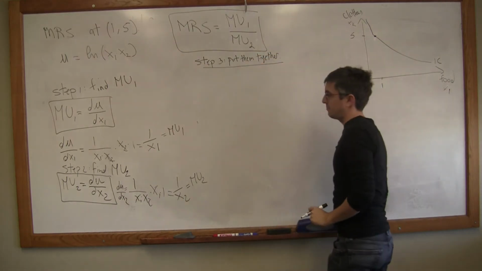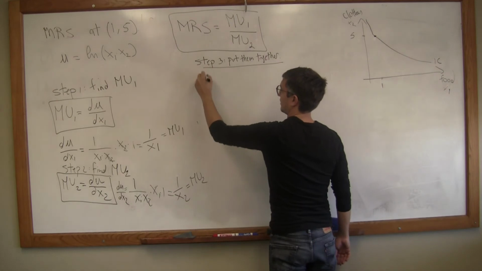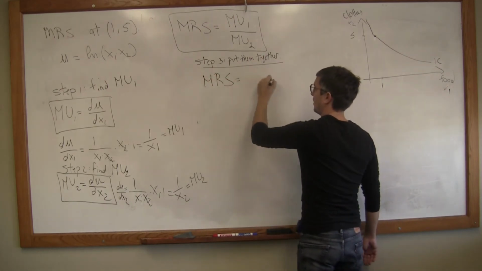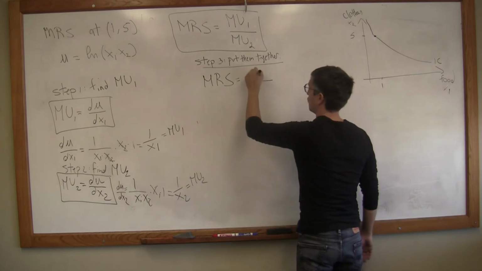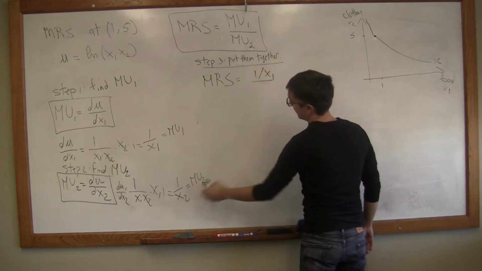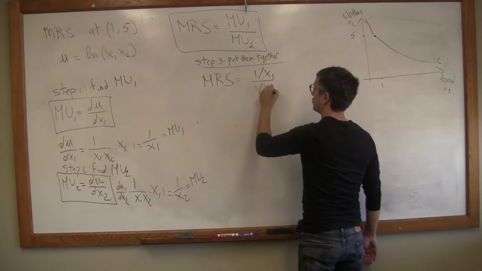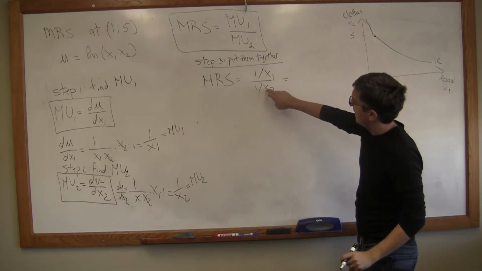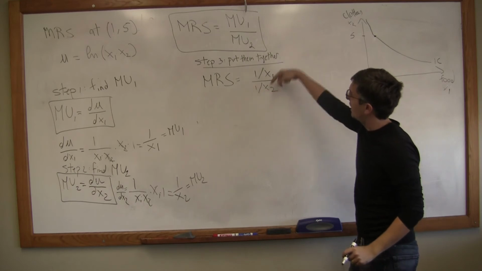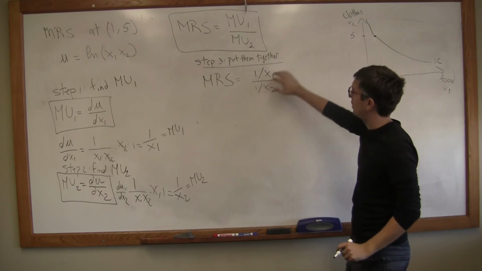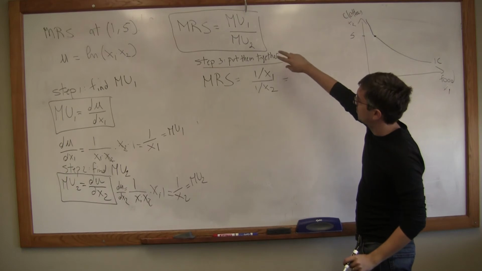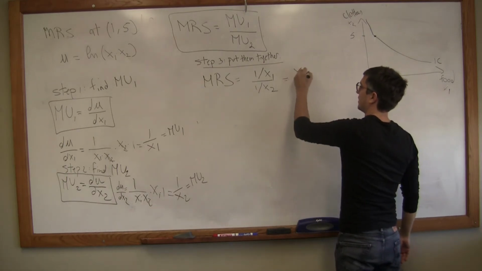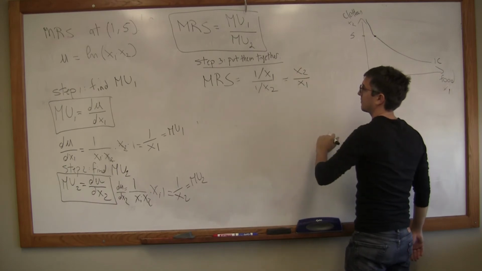Okay, when I put them together, I get that the MRS is mu1, so it's 1 over x1, divided by mu2, which is 1 over x2. I can take this 1 over x2, flip it and bring it upstairs. I'm going to flip the x2 with a 1, and I get x2 over x1.